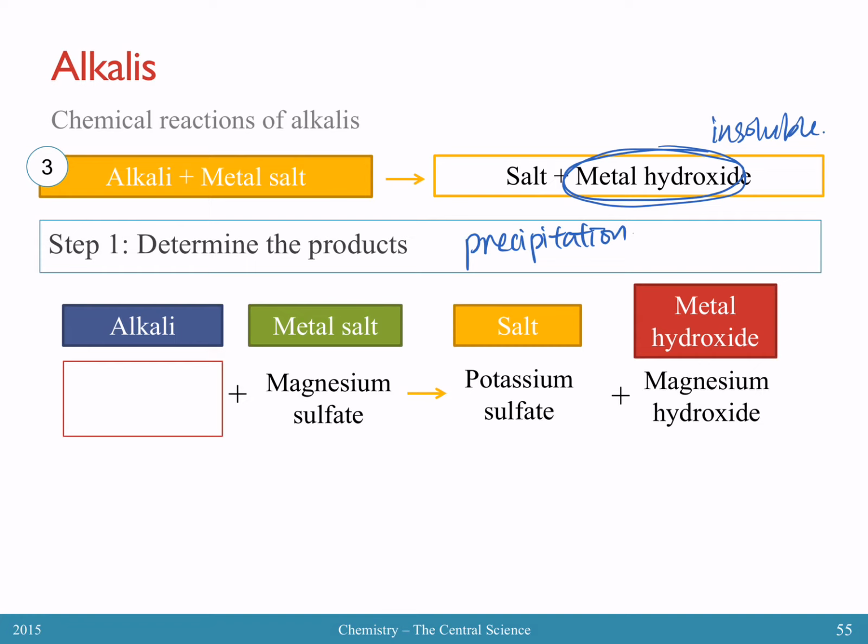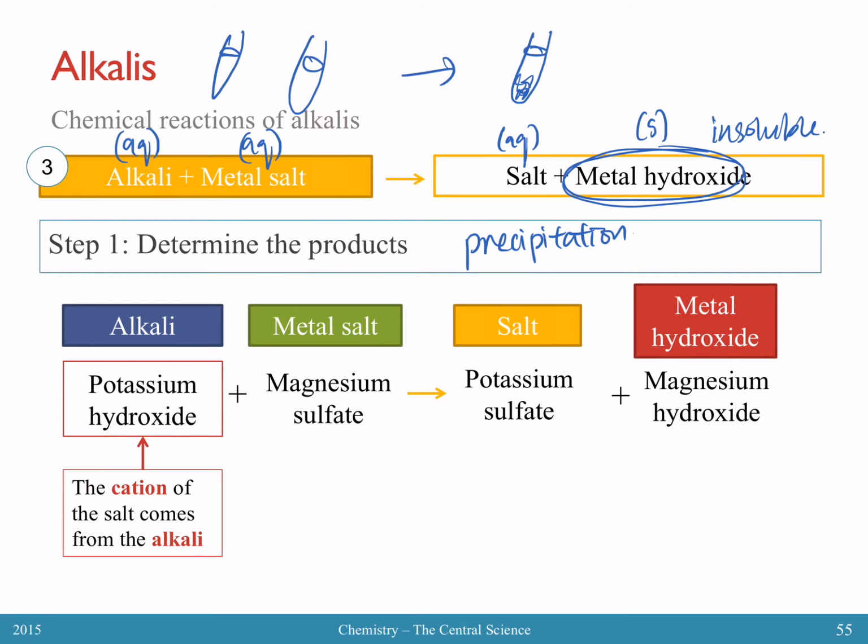So if this is a soluble alkali, and this metal salt is also soluble, and the metal hydroxide is insoluble, which means it's a solid state, if we do the reaction, you will observe the precipitate forming. So a clear solution plus a clear solution will give me a solution with some solid. Does it make sense?